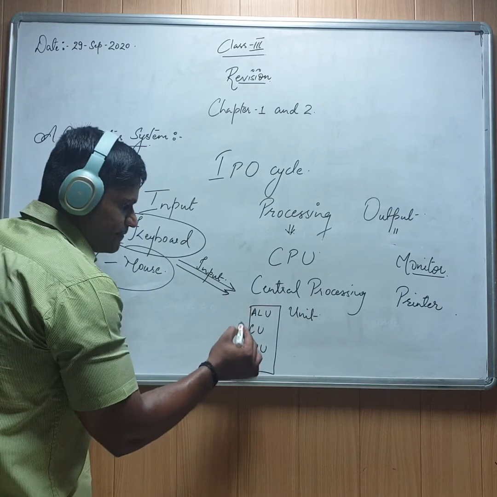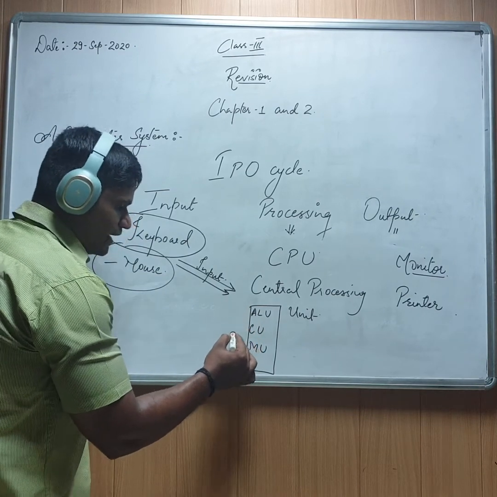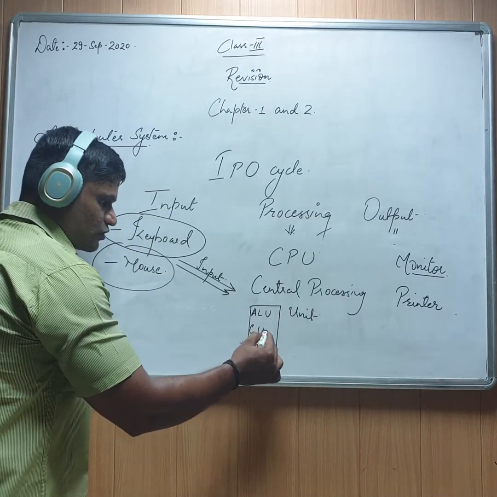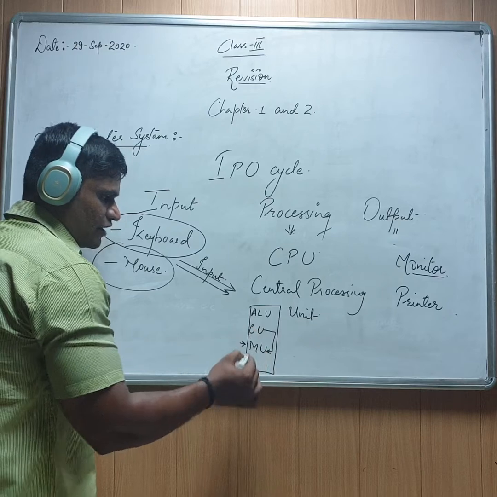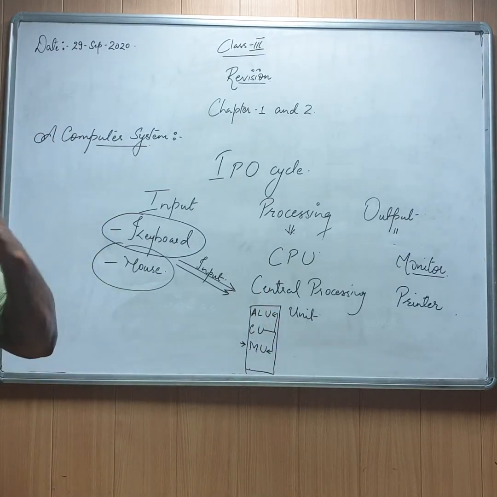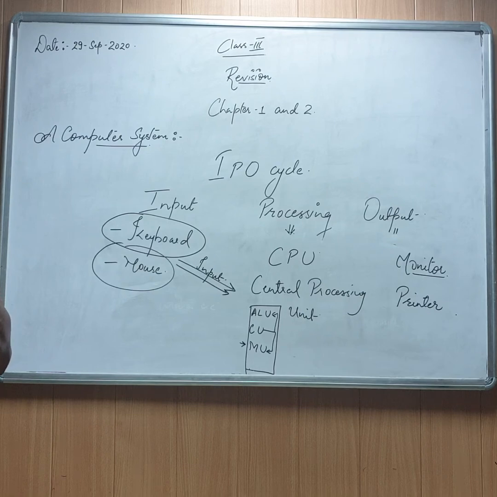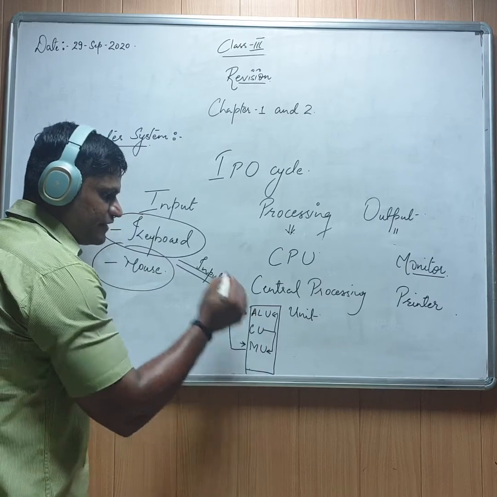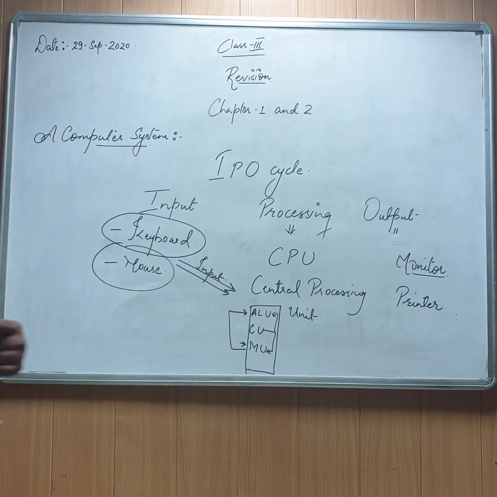Then this input is stored in your memory unit, being controlled by the control unit, which controls the memory unit as well as the ALU, that is, the arithmetic logical unit. From the memory unit, the content is received by the ALU for processing.